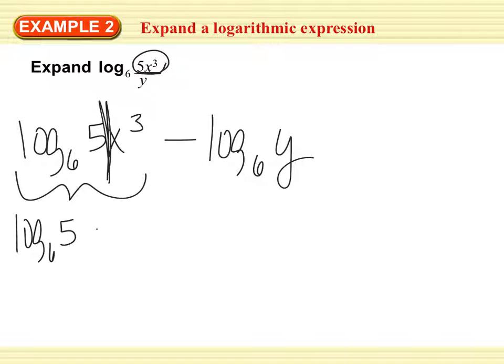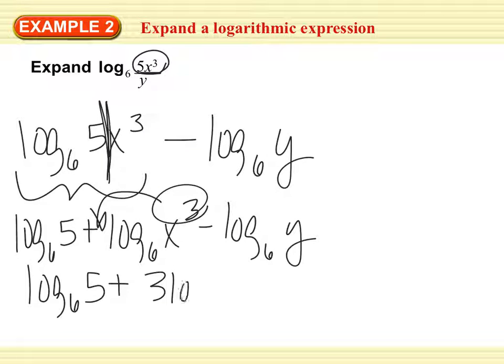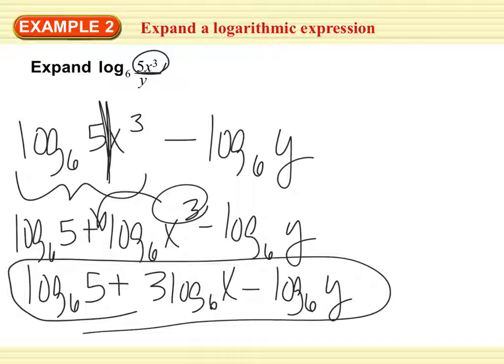Log base 6 of 5 plus log base 6 of x cubed, minus log base 6 of y. Now I can deal with the exponent, which I drop down in front of the log. Log base 6 of 5 plus 3 log base 6 of x, minus log base 6 of y. I've expanded it as far as I can, and I have my final answer.